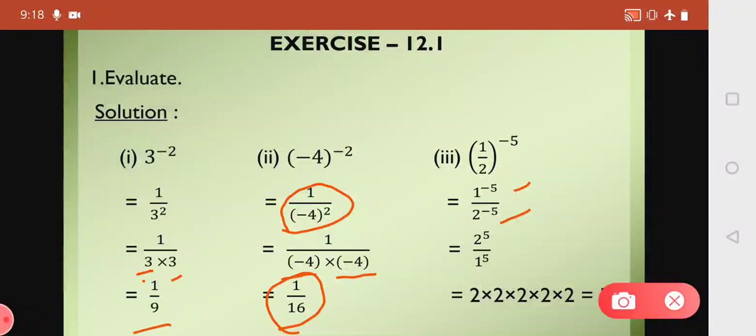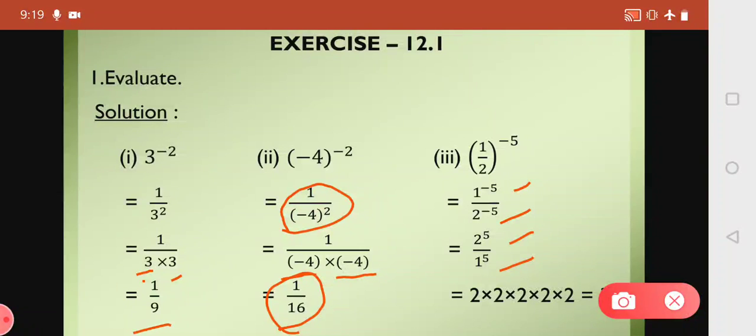Again we write the reciprocal of both, so it will become 2 raised to 5 upon 1 raised to 5. In the reciprocal, 2 will come up with positive power and 1 will go down with positive power. As we turn the reciprocal, powers become positive.